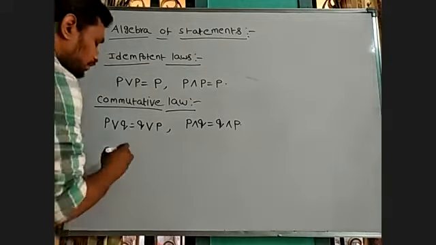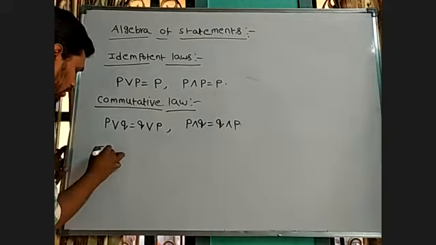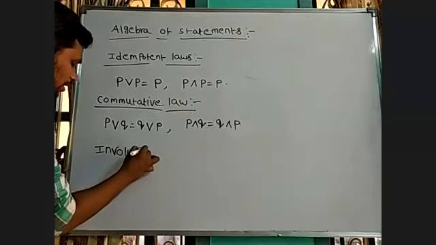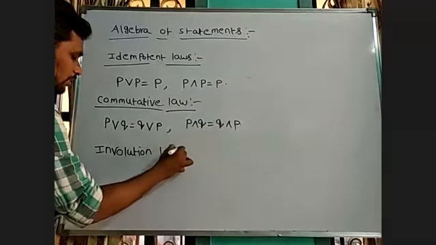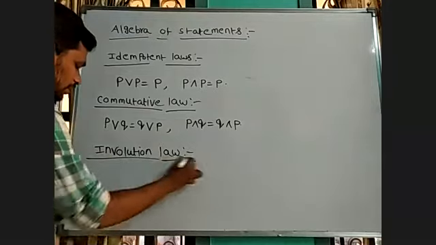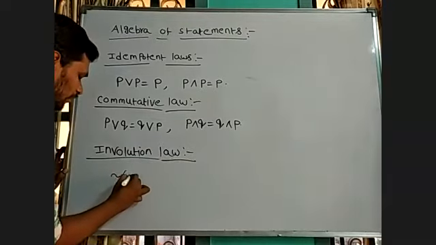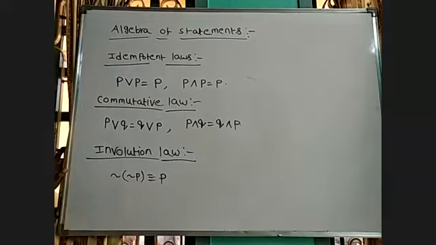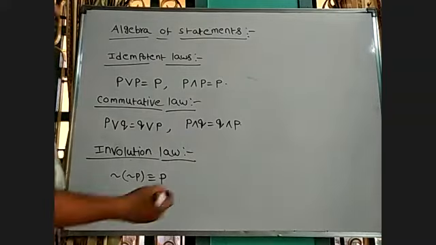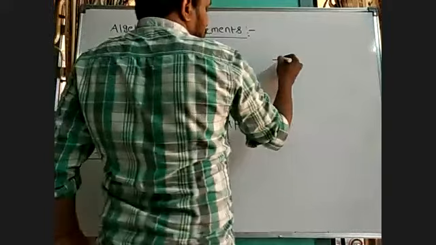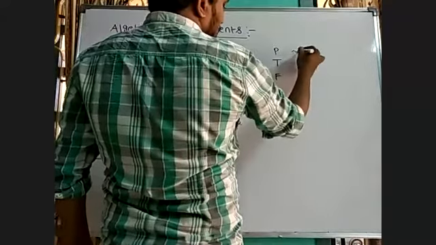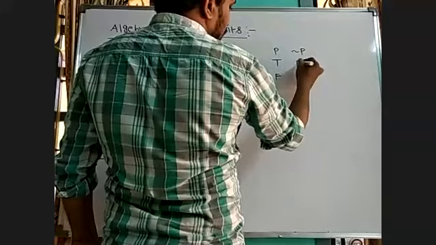Next one, involution law. In this, negation of negation P is equal to what? P. Okay. Suppose if you take this as true, if you apply negation of P, this is false.